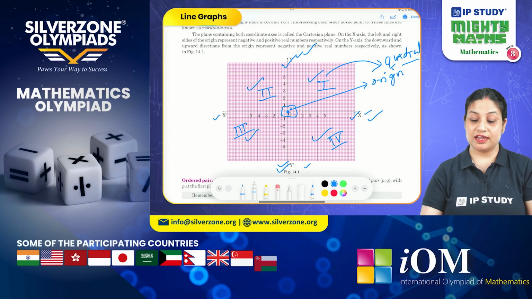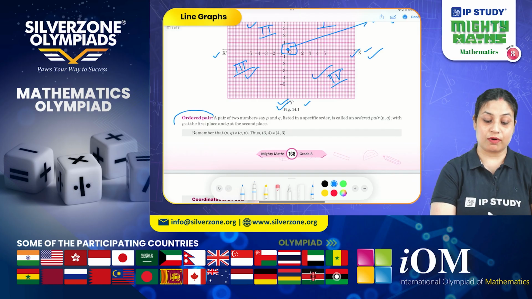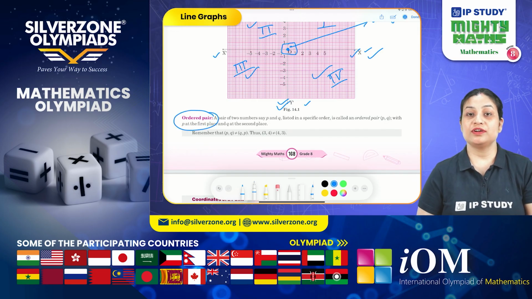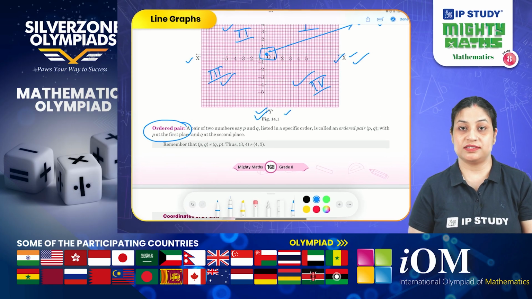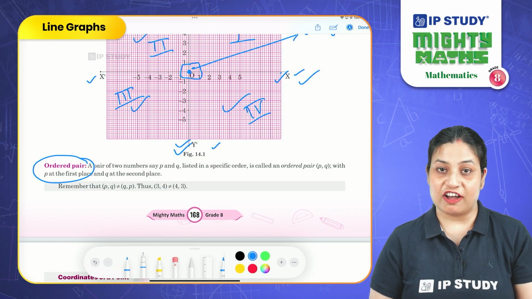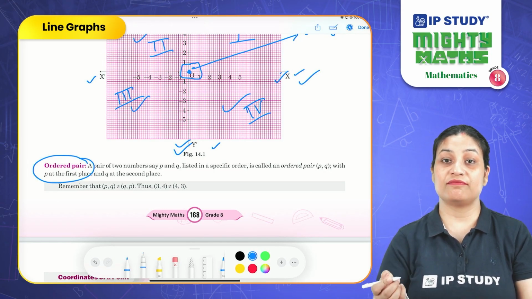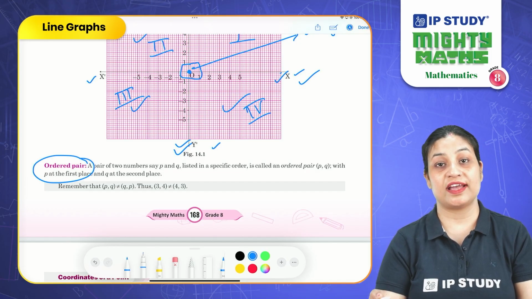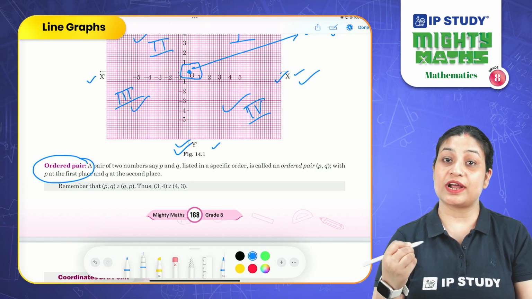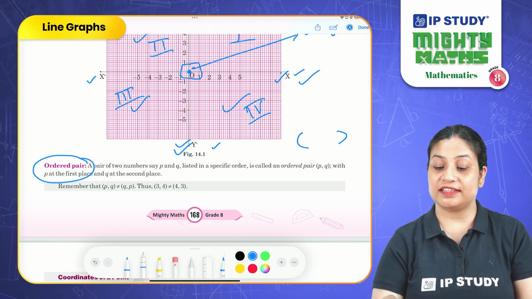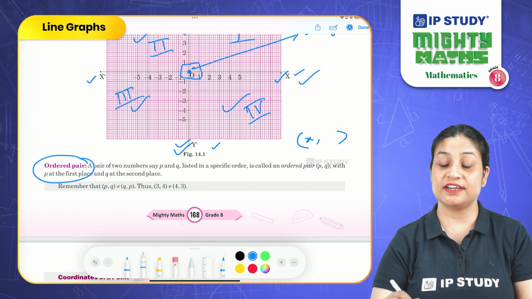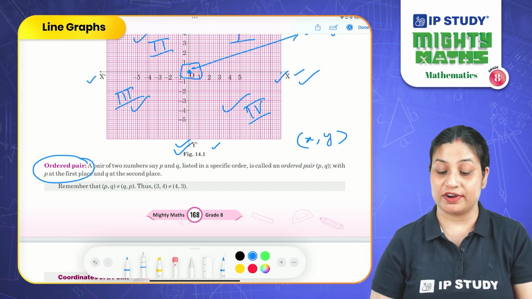Now, for the time being, let's discuss what an ordered pair is. Whenever you are trying to plot numbers on a graph paper, you are supposed to define the number for the x-axis separately and for the y-axis separately. And when you write them together, we write them like this in a pair. Always write first the number on the x-axis, representing the x coordinate, and second the one representing the y coordinate.